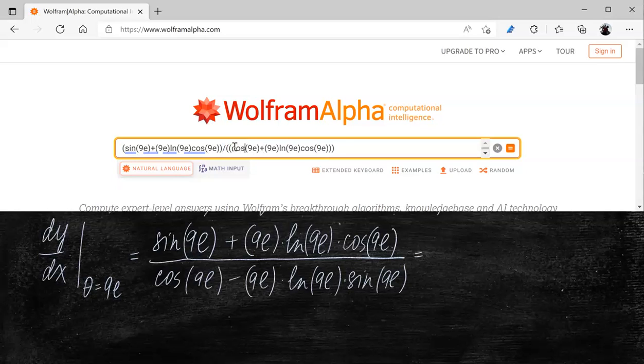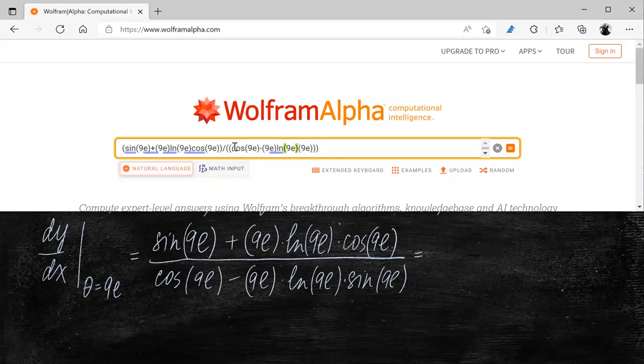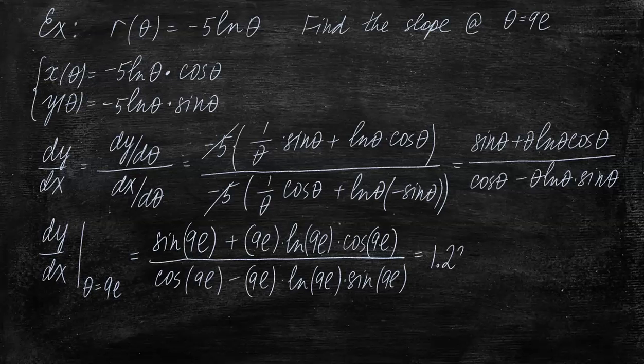We're going to have cosine of 9e, minus here, and sine of 9e here, and the final answer appears to be 1, 2, 3, 4. I'm not sure why it would put the decimal, but this is the answer.